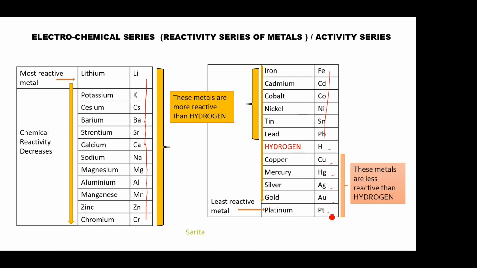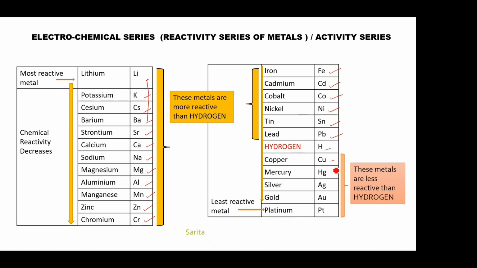Now let's see how to remember this. So lik, ba. Lik means lithium, ka potassium, cesium, barium, sar strontium, ka calcium, na sodium, ma magnesium, al aluminium, man manganese, zan zinc, kar chromium, Fe iron, kad cadmium, cobalt, nickel, san tin, pub Pb lead.